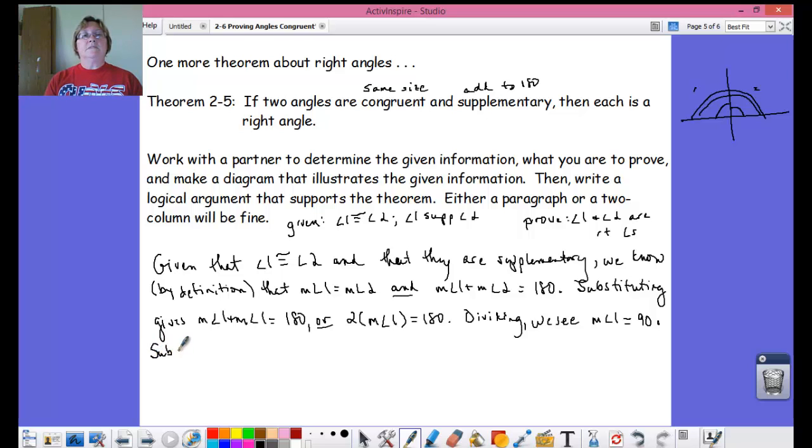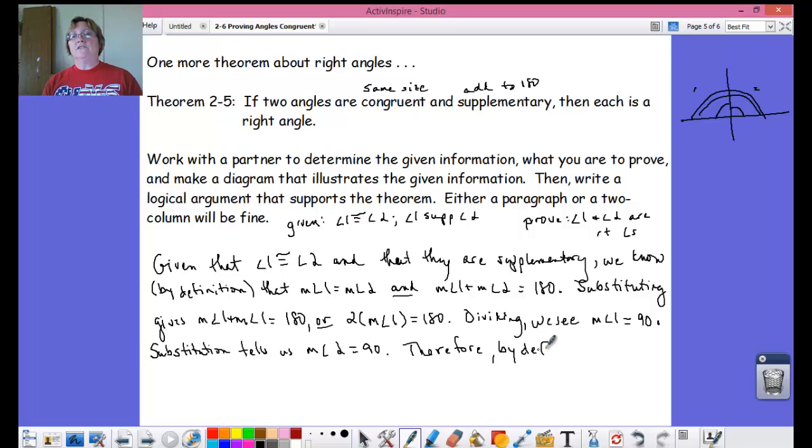Substituting, again, because we know 1 and 2 are the same, substitution tells us that the measure of angle 2 is also 90. Okay? Therefore, again, by definition, because this is a definition of right angles, angles 1 and 2 are right angles.